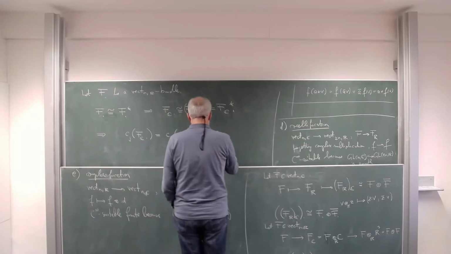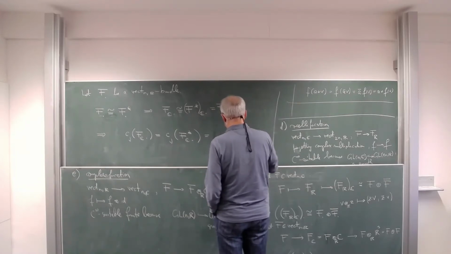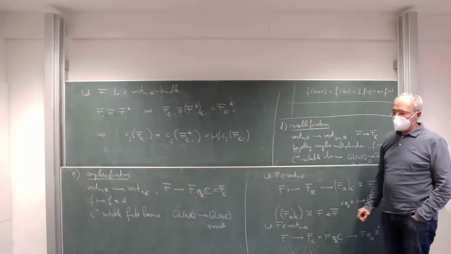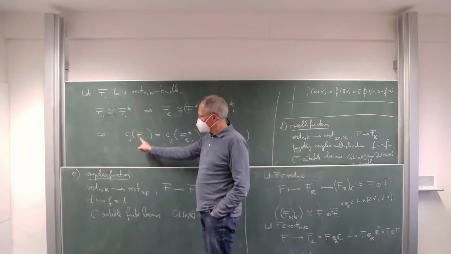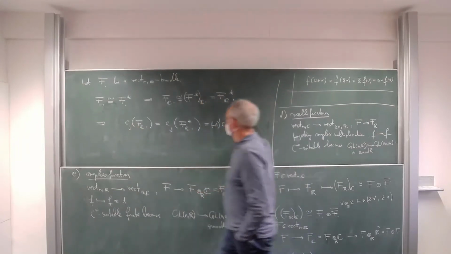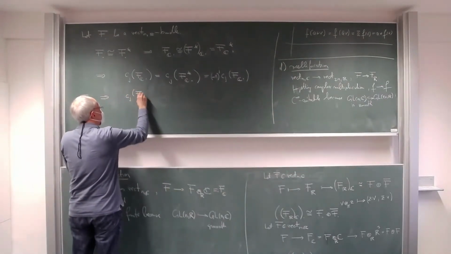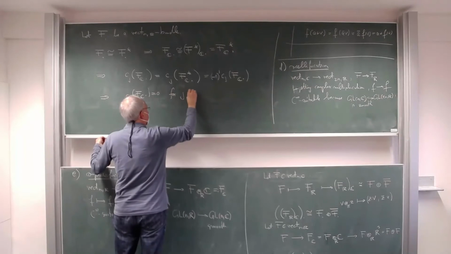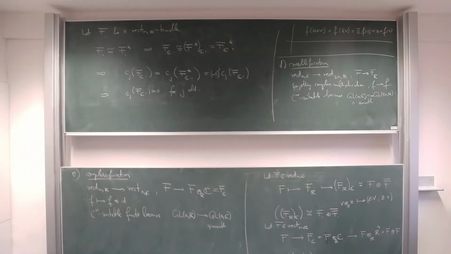But this is the same as the Chern class of the original bundle up to a sign, namely the sign (-1)^j. And this tells us that the Chern classes for odd j must vanish. Therefore c_j of this bundle is 0 for odd j. It doesn't tell us anything about the Chern class for even j, but for odd j, it has to vanish.